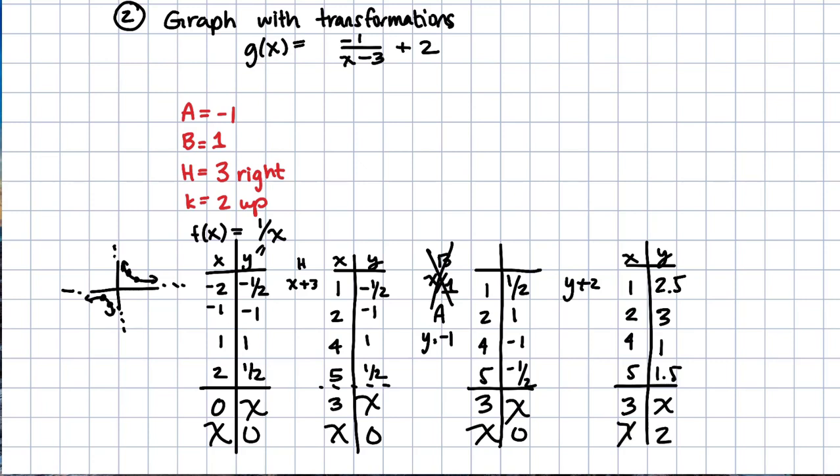Okay, so just taking a quick look, making sure that this looks good. Looks good to me. Okay, let's graph it. So it looks like I have a lot of positive numbers.